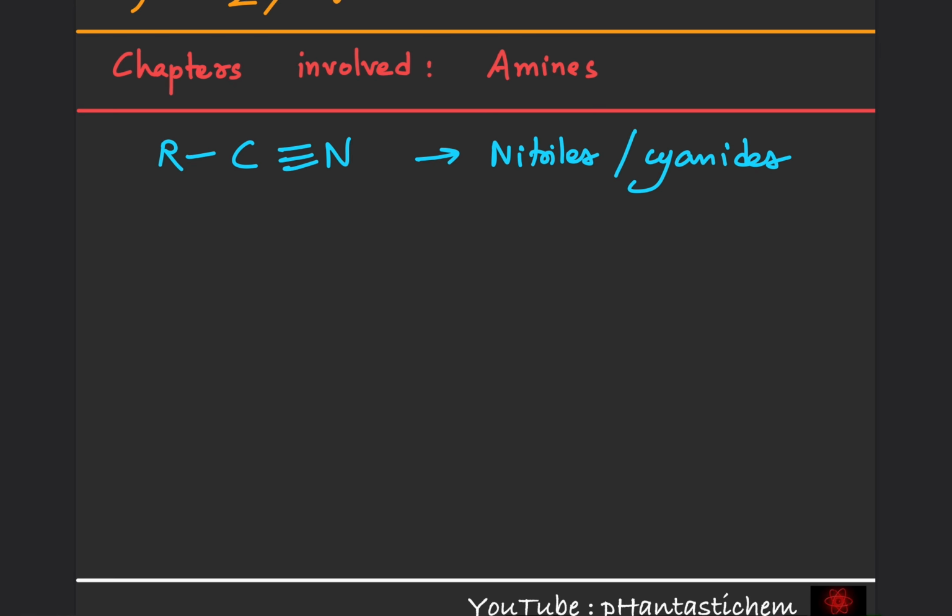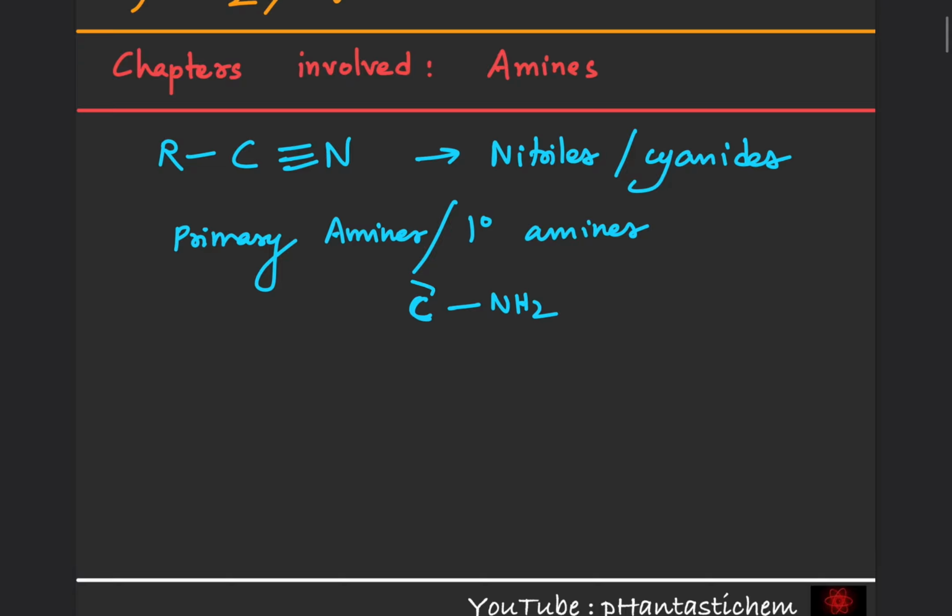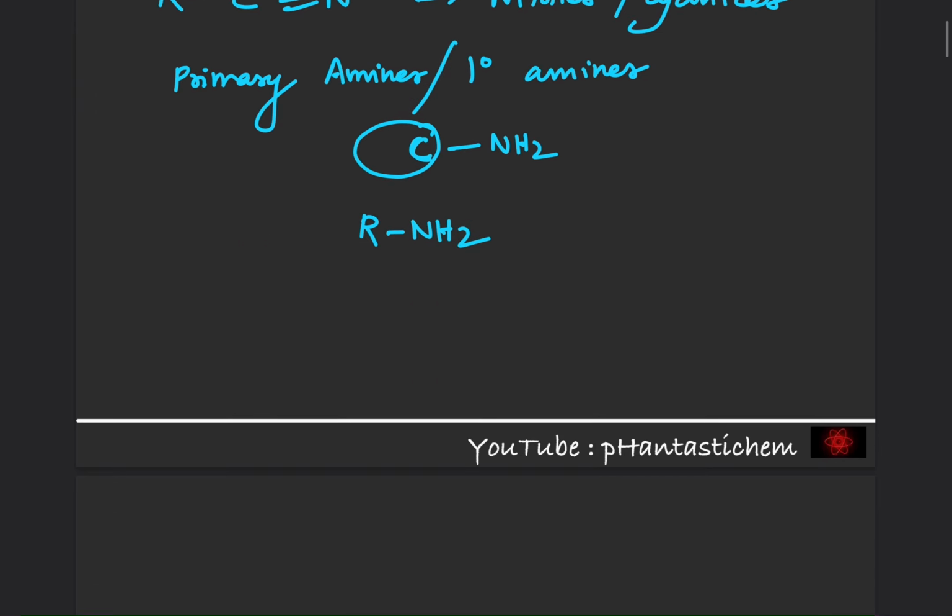And primary amines, or 1 degree amines, are basically an NH2 group connected to an alkyl group, which we can represent in this fashion, RNH2. Okay. So these are known as our primary amines. So let's look into the reagents one by one.